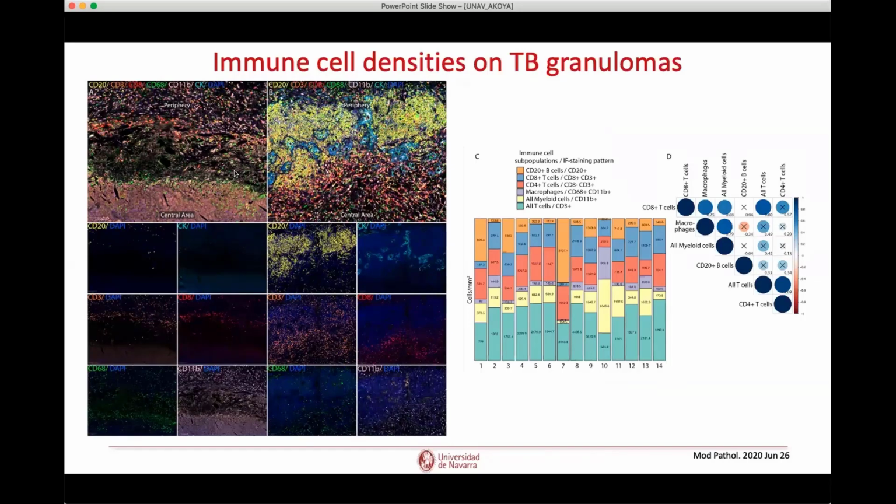As you can appreciate, you have one granuloma and another one, and the scenario is completely different. This one is full of immune cells, and that one has fewer immune cells. And as you can appreciate in this graph, out of the 14 granulomas, basically each one has its own microenvironment.